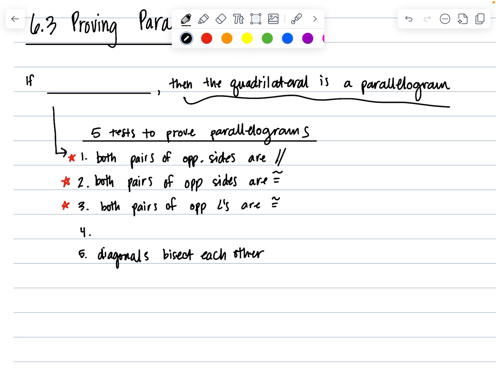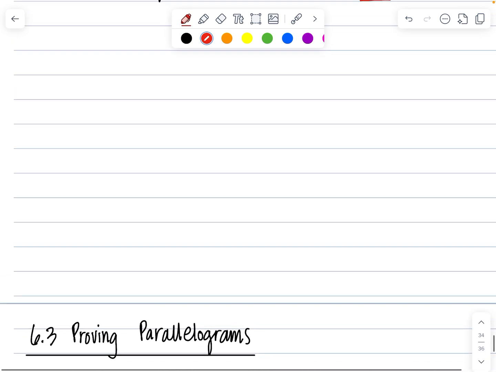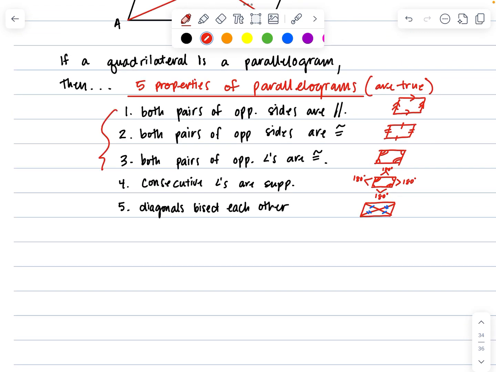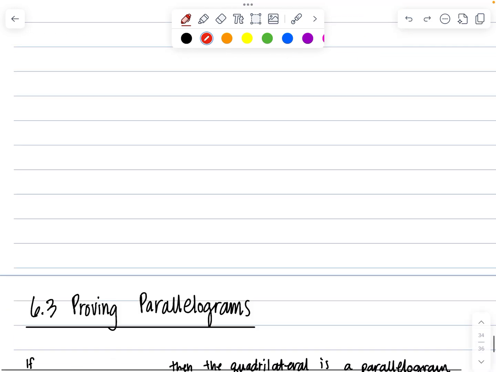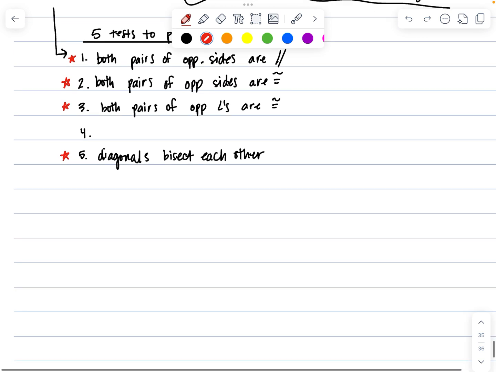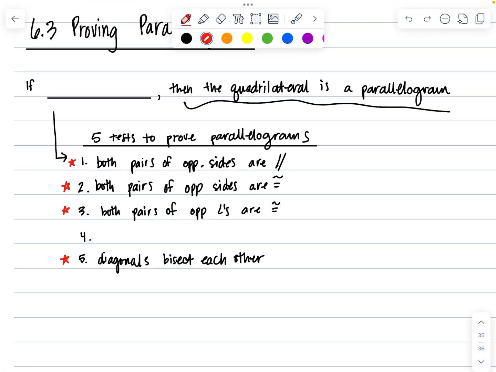Now I'm going to put a star next to that 5th one as well because they completely line up with these as well. These first 3 and this last one. 1, 2, 3, and 5. Number 4 is where it does not work. Consecutive angles are supplementary. Does not prove, well, it doesn't help. But we'll get into that another time.